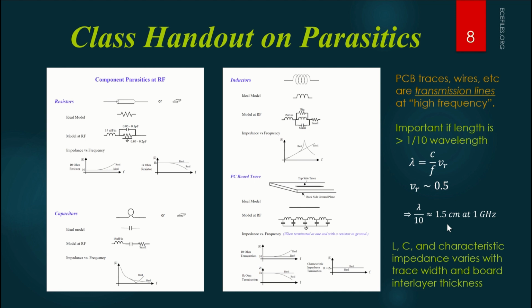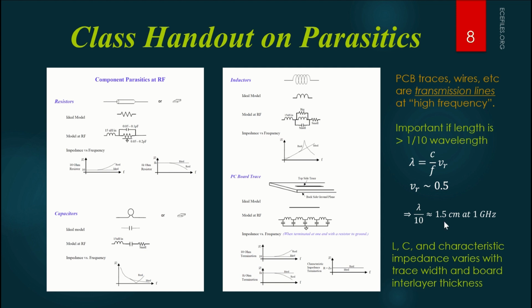So if you've got traces connecting circuits that are that far apart, then you might need to think about the transmission line behavior. Conversely, if they are closer than that together, then you can probably get away with just thinking about series inductance and shunt capacitance issues. So you can really avoid the complication here if you condense your circuit.